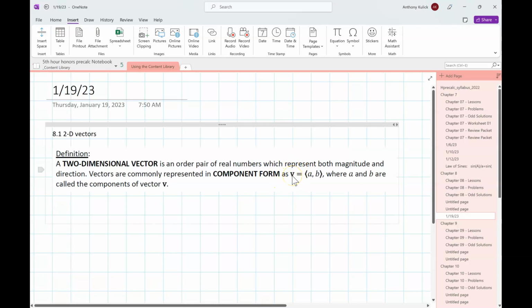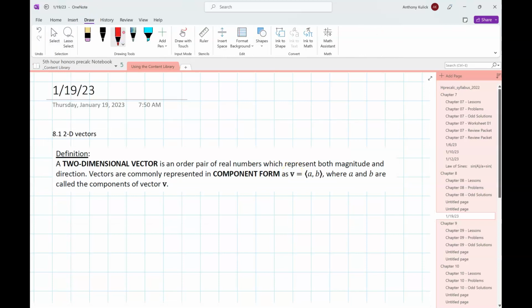When we're typing, to type a vector, we're going to write it as a boldface letter. When we write it with our pencil, we'll put a little vector hat on top of it. And then we're going to use this wedged bracket.